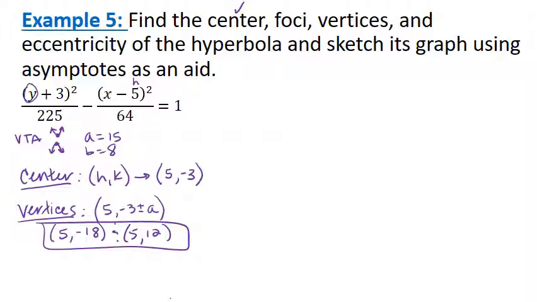We can find our foci, but in order to do that, we need to find c. Remember, c squared is equal to a squared plus b squared in this case. So c squared is equal to 225 plus 64, which is 289. To get c, I need to take the square root of that.